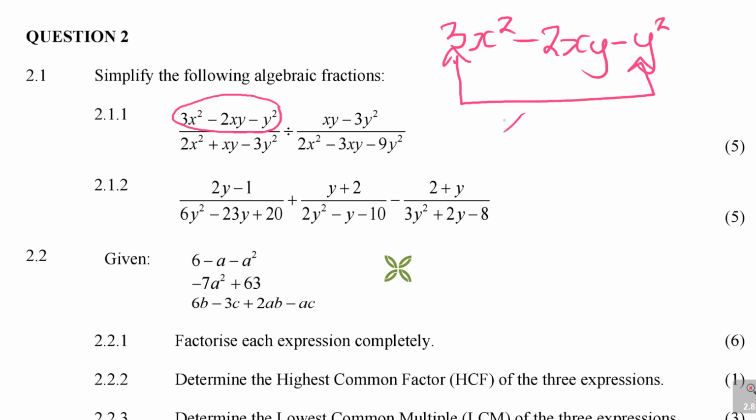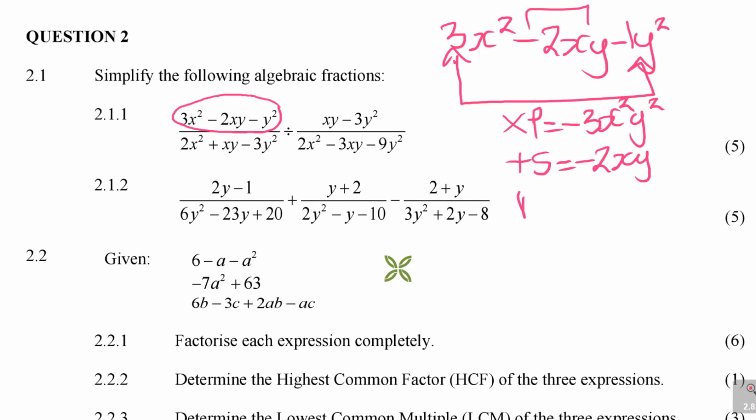That product is 3 times -1, which is minus 3, and then x squared and y squared. And then the sum, which is the center number here, I usually say S for sum, is -2xy. Then when you're looking for the factors of the product, meaning two numbers you multiply to get 3, that's 1 and 3. There is no other number.